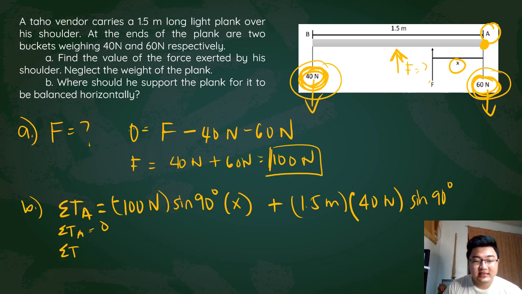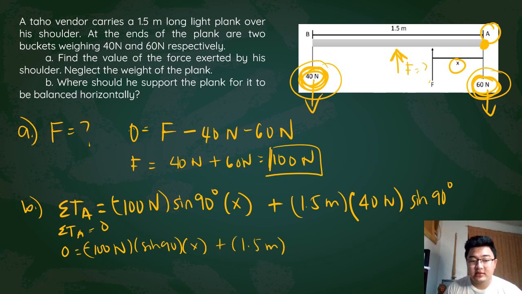So that's the total torque at A, which is 0. 0 is equal to negative 100 newtons times sine 90 degrees times x plus 1.5 meters times 40 newtons times sine 90. So what will x be equal to?